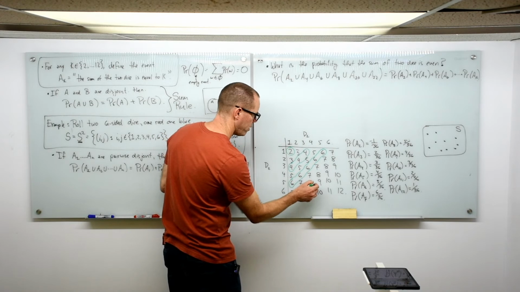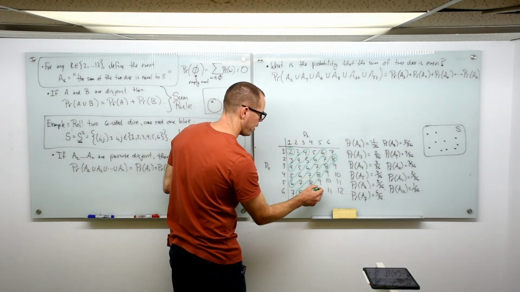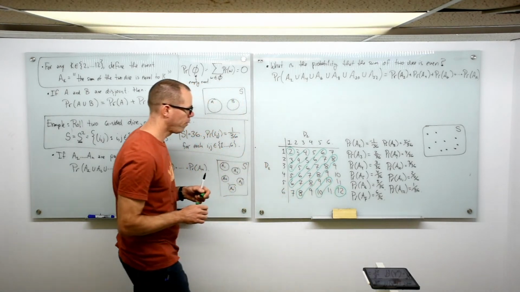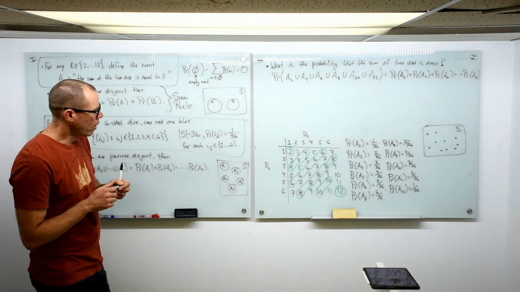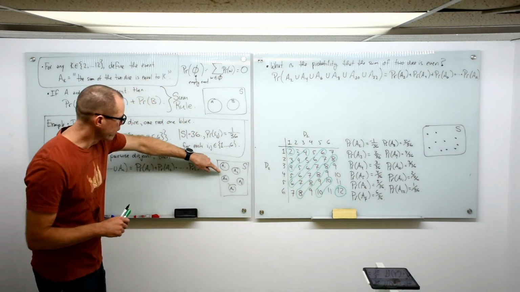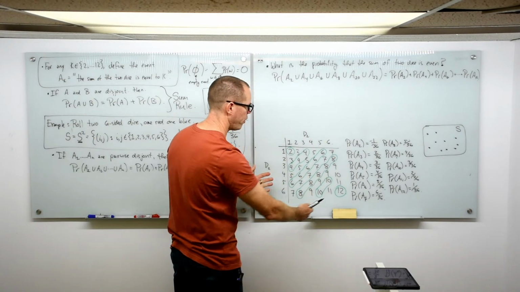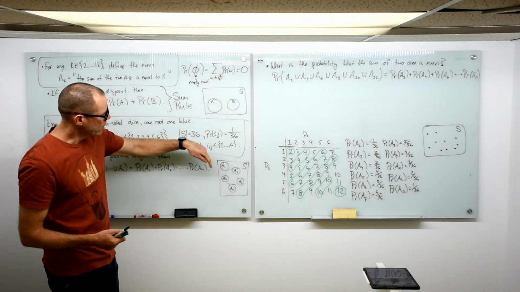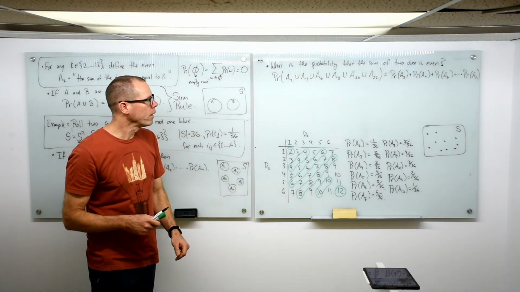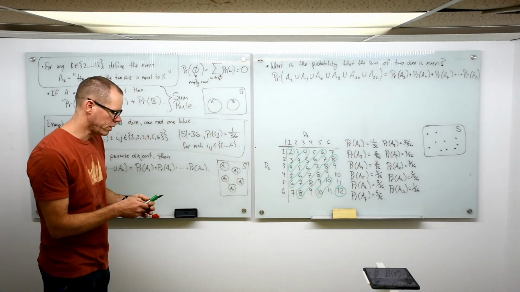Here's A8, A10, and A12. So indeed, these things are disjoint. That looks like this picture here. Imagine this is the whole set of outcomes. There's the 36 possible outcomes. There's a set A2, A4, whatever. They're all disjoint. None of them are overlapping. So we get to use the sum rule to compute this thing.